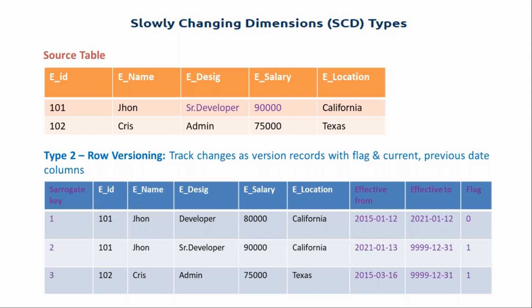So indirectly the difference between type 1 and type 2 is that in type 1 we are not maintaining any history, but in type 2 we are maintaining the history for further reference purposes. But the disadvantage in type 2 is, let us assume I explained only one record here. In real time there may be millions and billions of records updated daily, right?